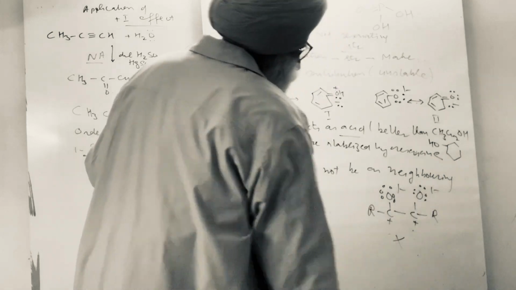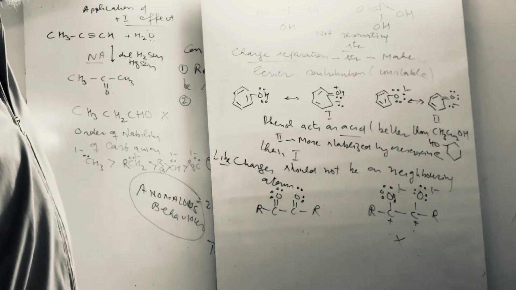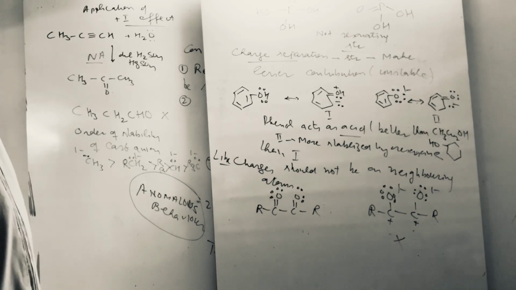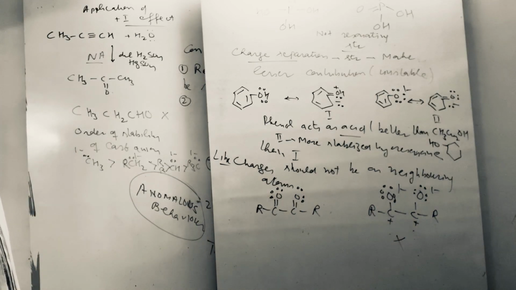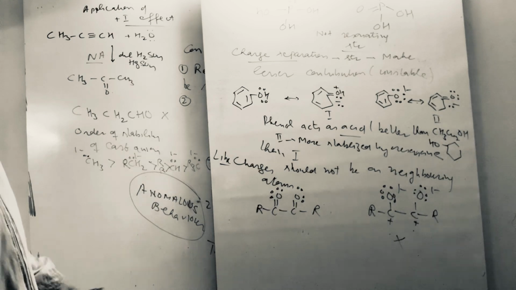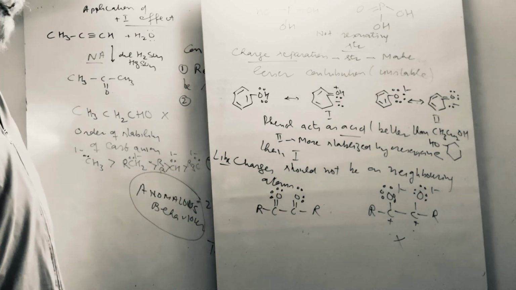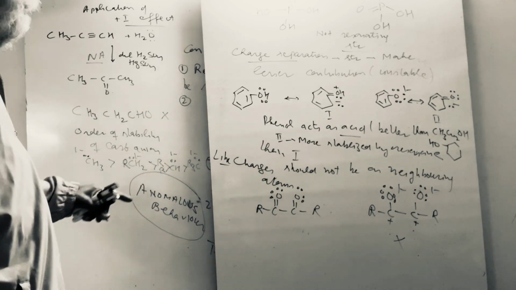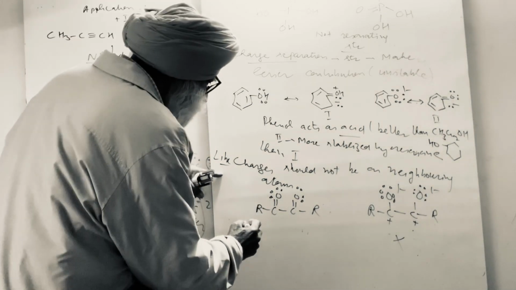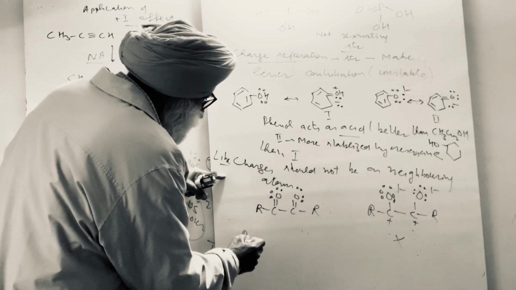This is not stable because here, in the charge separation, like charges are present on neighboring atoms. So this will make the structure unstable. So this structure is quite unstable. For example, you have one more rule, say, this.